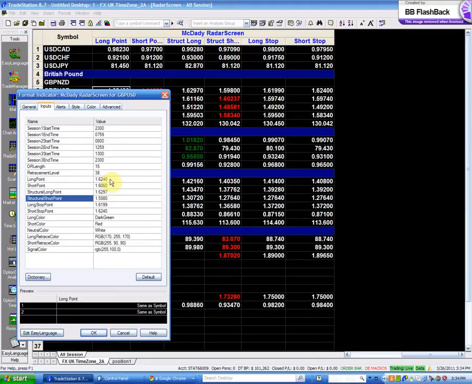If you are conservative, you can wait until it gets below the structure point, and you take below the 159.80. Yes, you can, Deborah. That's what I was just saying.